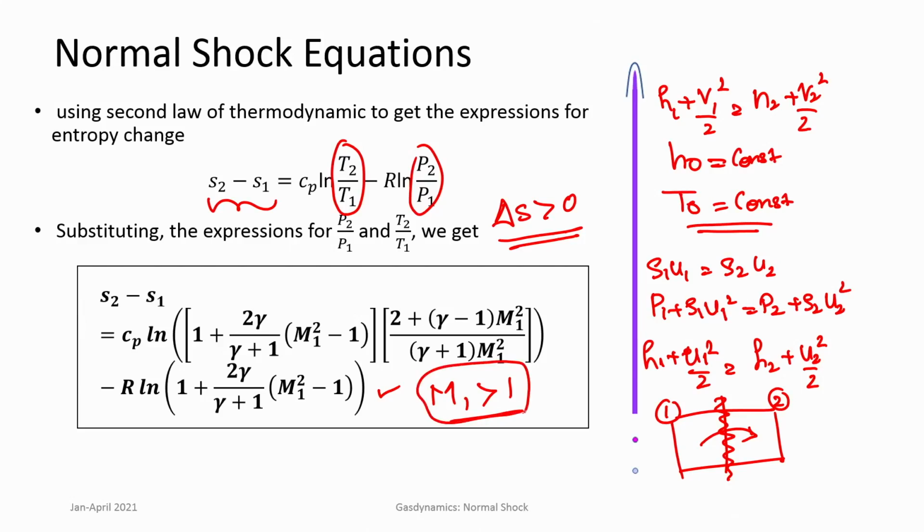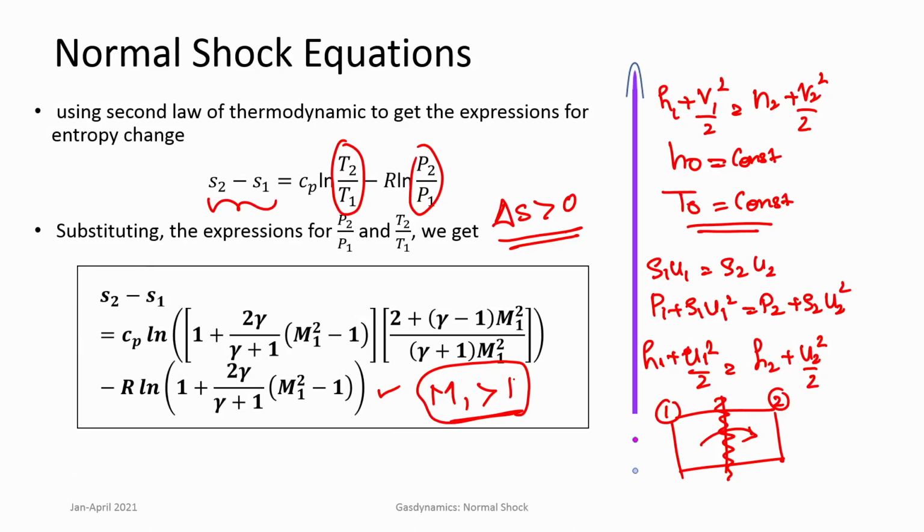So even from entropy considerations, you will find that shocks always exist in supersonic flows. And the second thing is that the expansion shock is not permitted because it reduces entropy.